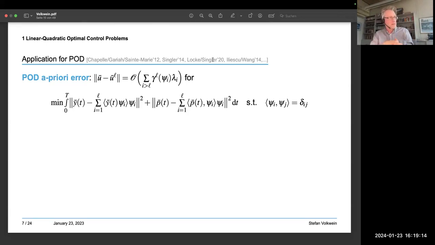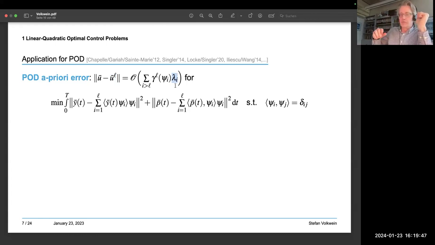And we want this also in the optimization. So here I have written this: there is an a priori error analysis for POD. We can estimate the error between u bar, the optimal solution of the original problem, and the corresponding reduced order one. There is a prefactor, but look at this, it has something to do with the eigenvalues of the POD modes for the POD snapshots.